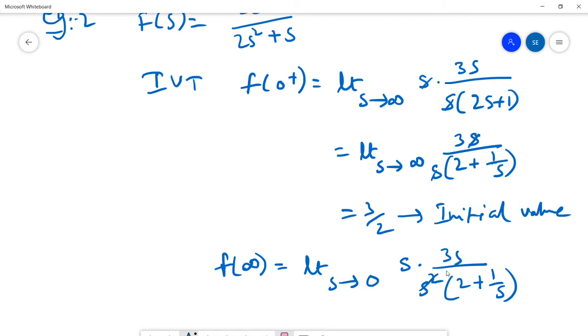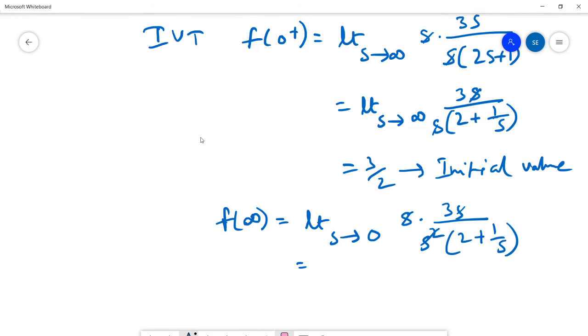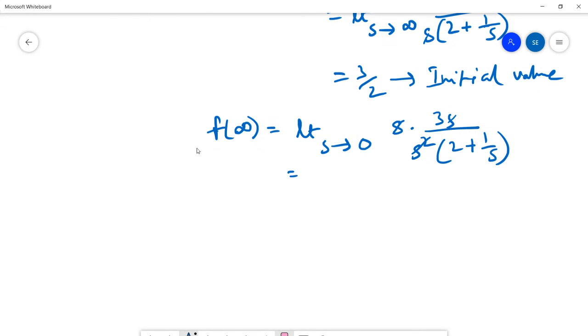So this s and this s will get cancelled out. What you get is 1 by 0, and 1 by 0 is infinity. So 2 plus infinity is infinity. 3 by infinity is 0. Right? Infinity in the denominator will give you 0.